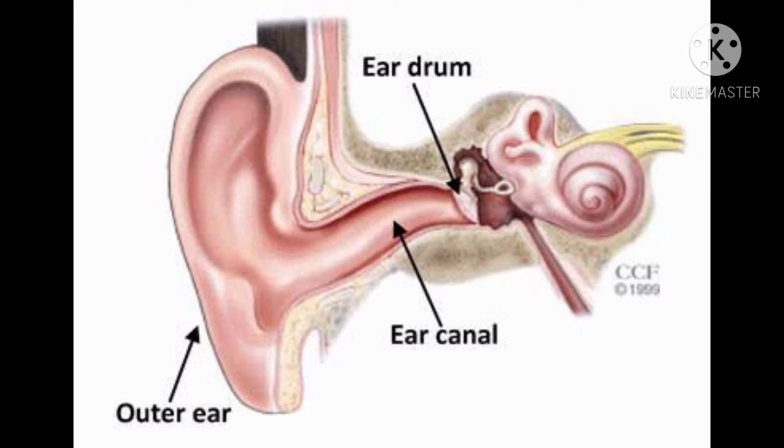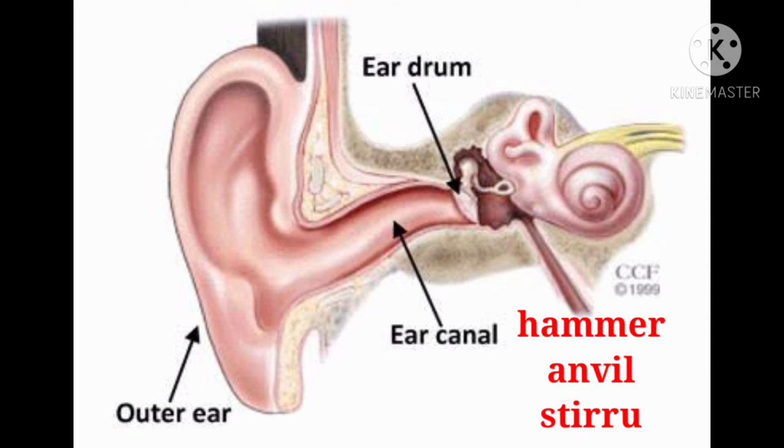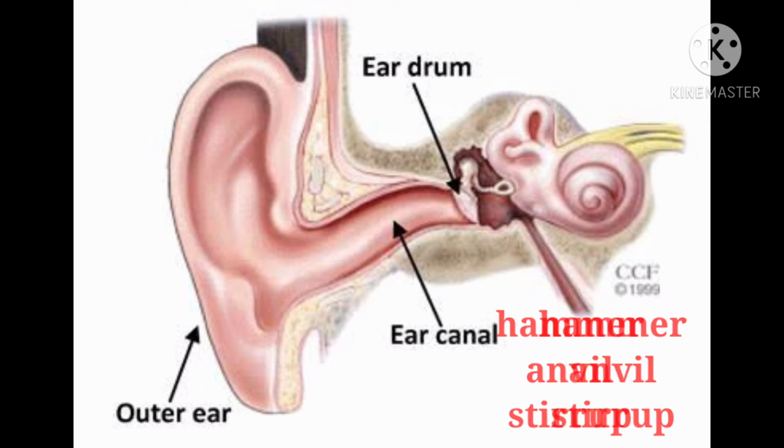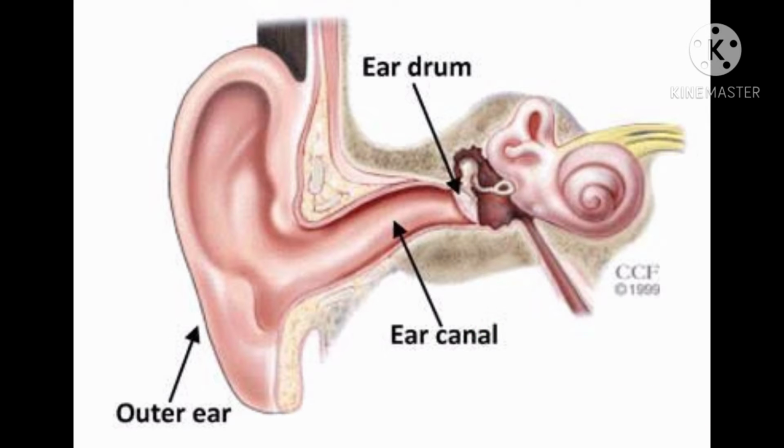The middle ear is a small compartment or chamber carved out of the skull bone. In this chamber, there are 3 small bones: the hammer, anvil, and the stirrup. Together they are called the ossicles. They form a connecting link between the eardrum and the inner ear.